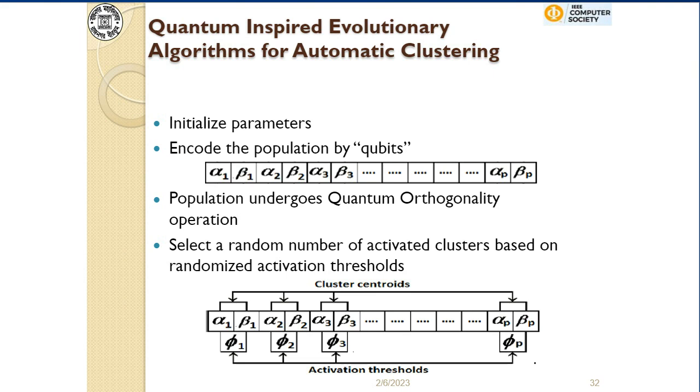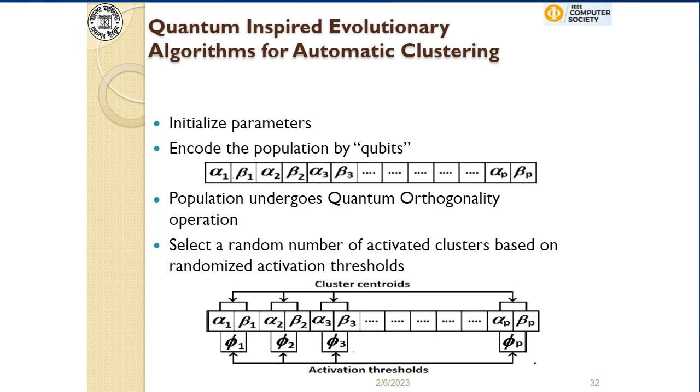Then you select only those cluster centroids which have been assigned a threshold value greater than 0.5, because phi 1 to phi p are going to have a value between 0 and 1, random in nature.